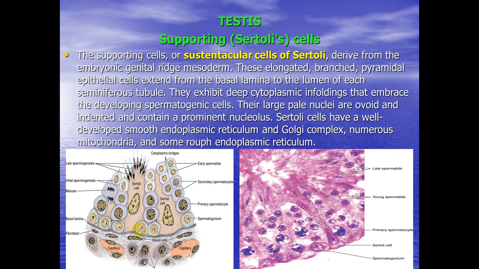On the basal lamina of the seminiferous epithelium, special cells are located. These cells we call sustentacular cells or Sertoli cells. These cells derive from the embryonic genital ridges, mesoderm.